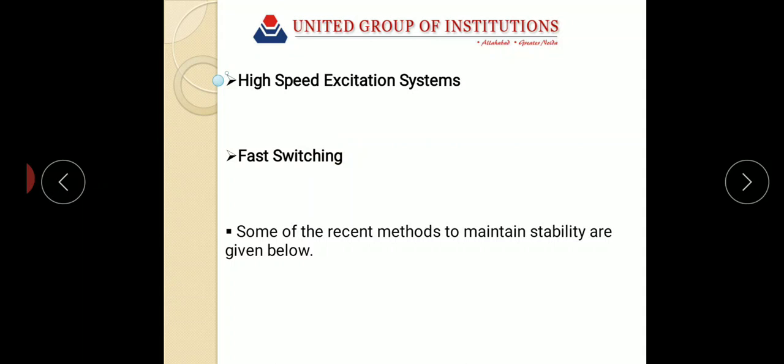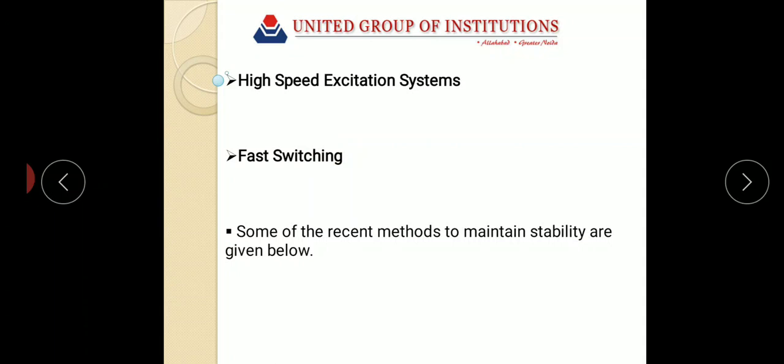Okay. Next point is the fast switching. Rapid isolation of fault is the principal way of improving transient stability, as we know that the fault should be cleared as fast as possible. It should be noted that the time required for fault removal is the sum of relay response time plus the circuit breaker operating time.